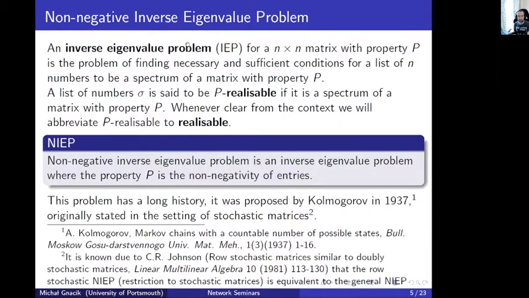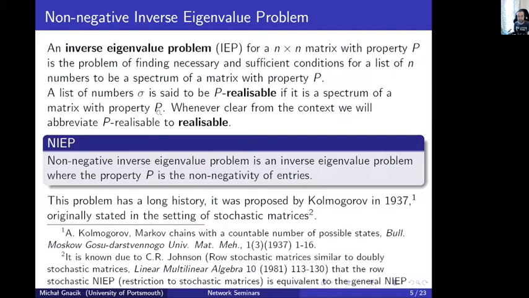So an inverse eigenvalue problem for a matrix with property P is a problem of finding necessary and sufficient conditions for a list of numbers to become a spectrum of a matrix that has this property P. If we take a list of numbers, say sigma, because sigma is a usual good letter to represent the spectrum, it is said to be realizable, or P-realizable, if it is a spectrum of a matrix with the studied property.